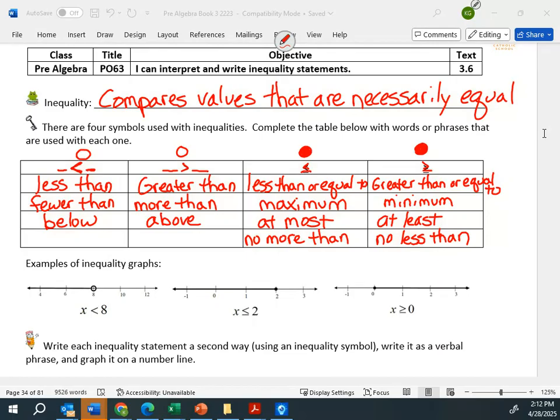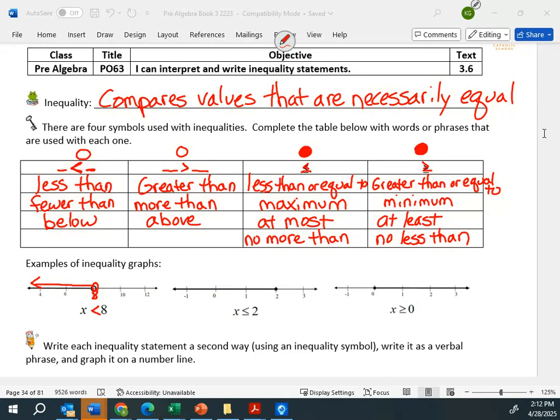So when we look at our graphs of these inequalities, we can see that x is less than 8. So our number on the number line is 8. We have an open circle because it's less than, and our arrow points to the left because it covers all the numbers that are less than 8, going to the left on that number line.